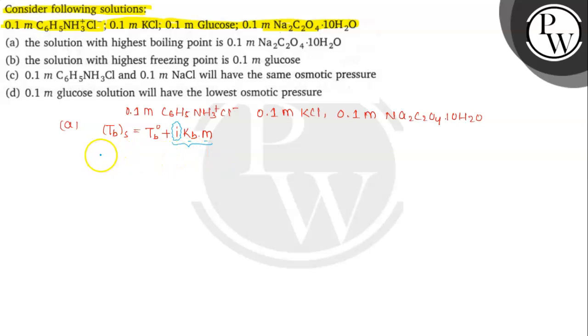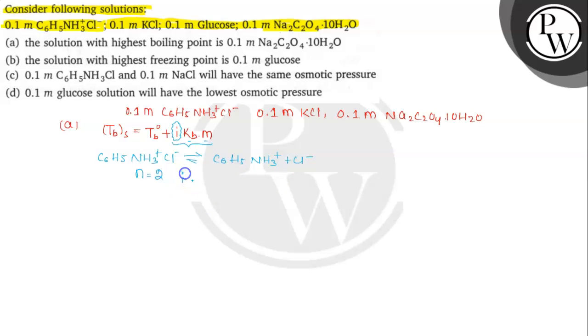So in the first case, that is C6H5NH3+Cl-, when it dissociates, it forms C6H5NH3+ and Cl-. That means the number of dissociated ions is 2.